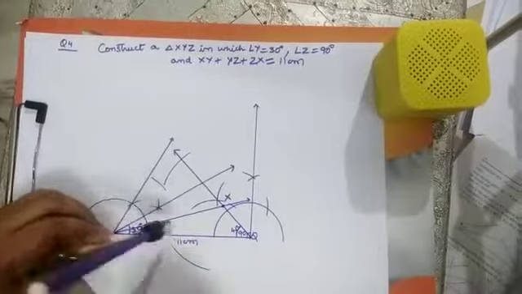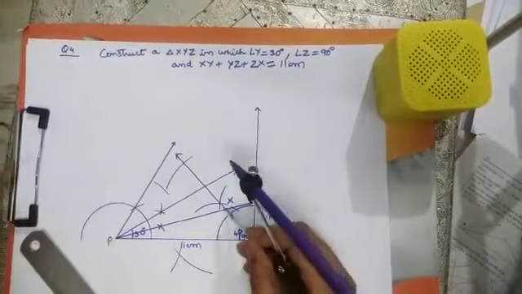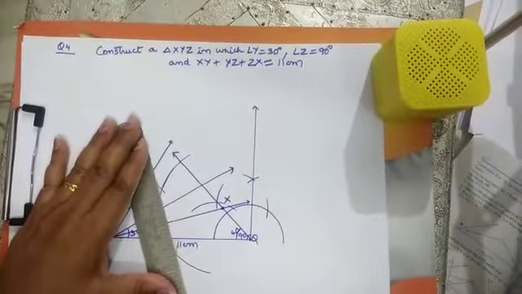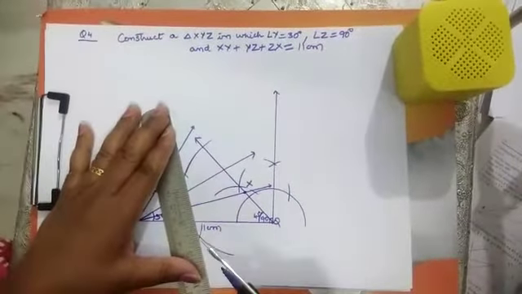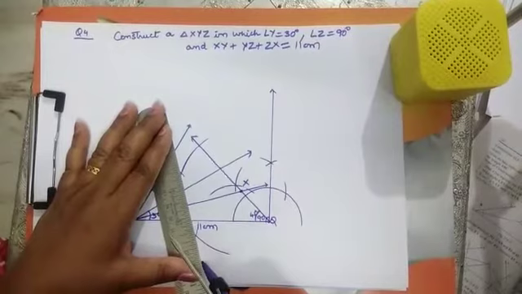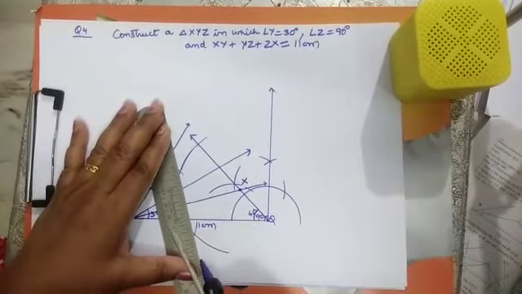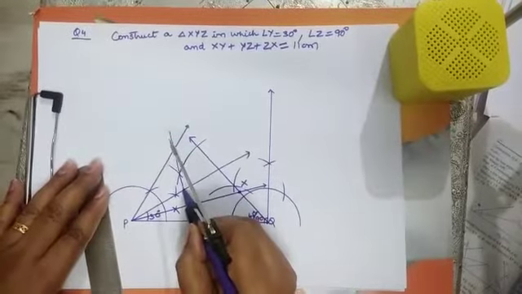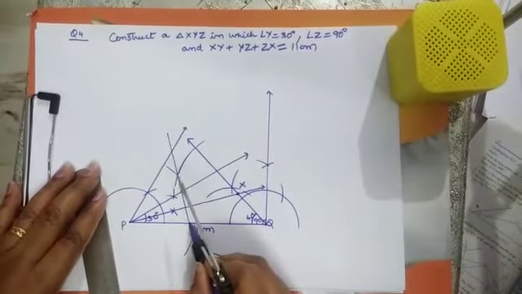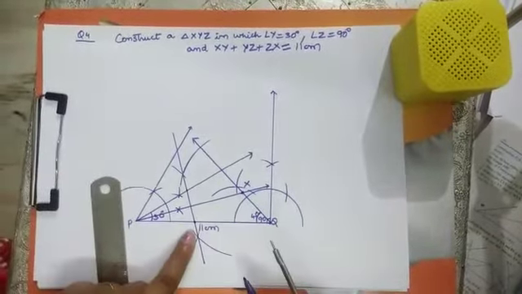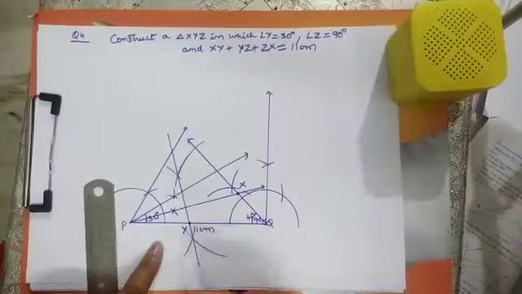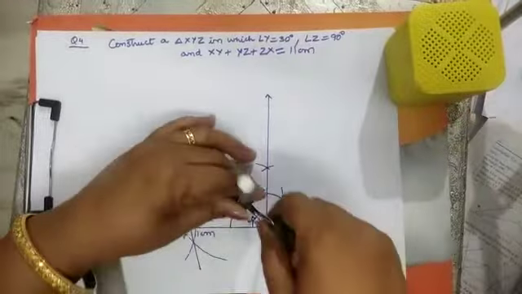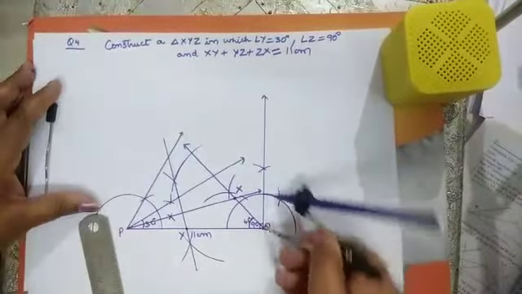So take this, construct this, you have to cut this. So you get this like this. Wherever it is intersecting PQ, name it as Y. And now draw the perpendicular bisector of QX.